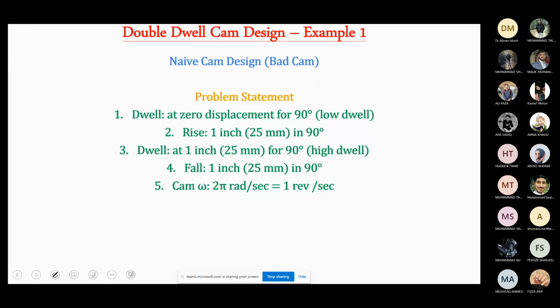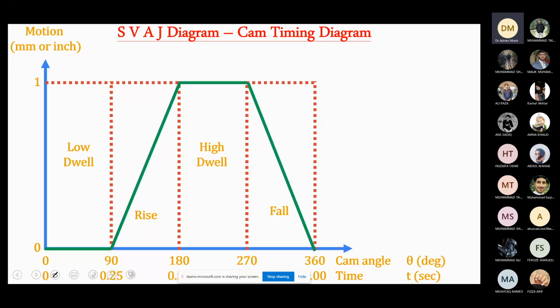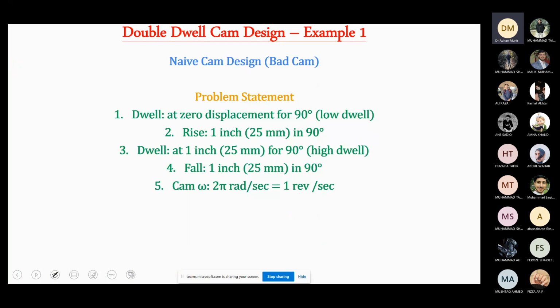So we'll just quickly cover this start and then we'll finish in 5 minutes today. Now, if we go to the first example, that is called a double dwell cam design. Why double dwell? Because we have low dwell and we have high dwell.